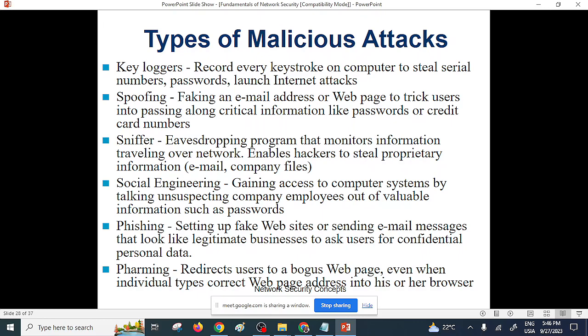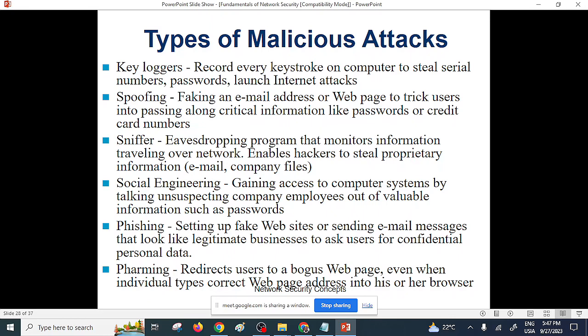Attacks happen either through the hardware, but they can mainly happen through the software, right? And when we talk about software, we have different categories of software: programming software, applications, and so on. So for an attack to happen, they normally use malware, or malicious software. We have different categories of malicious software, such as keyloggers.